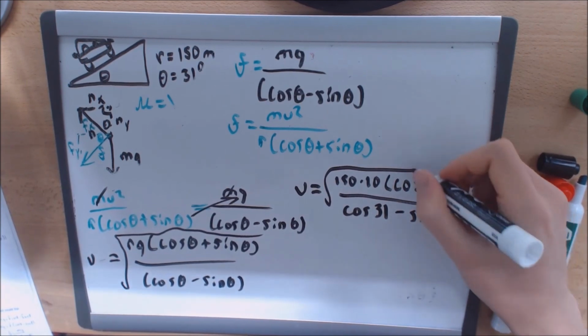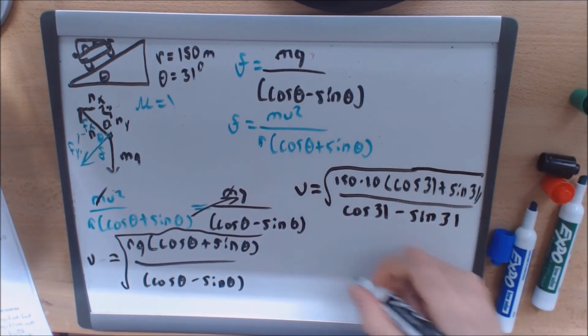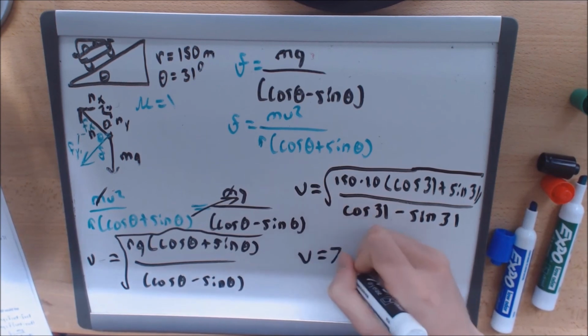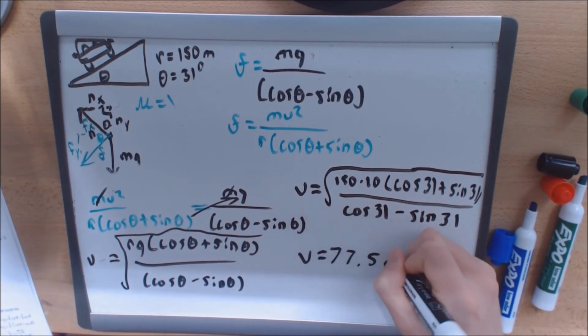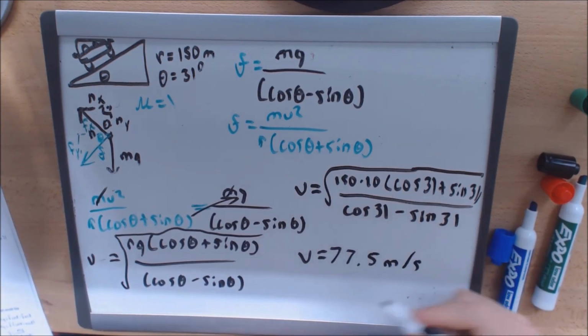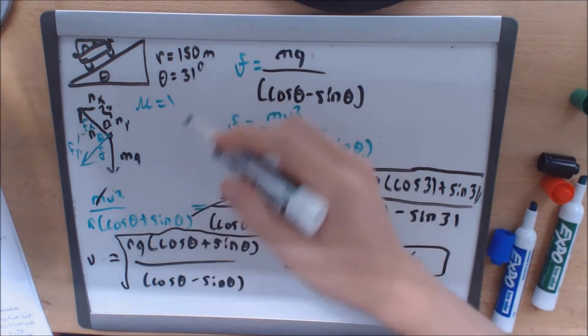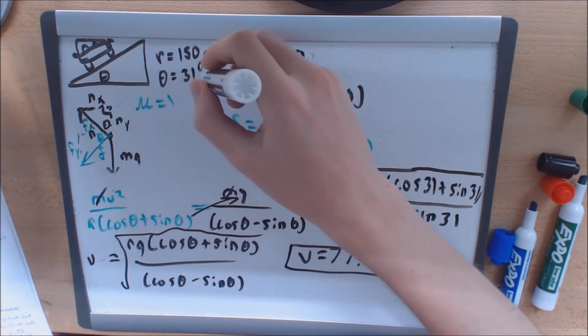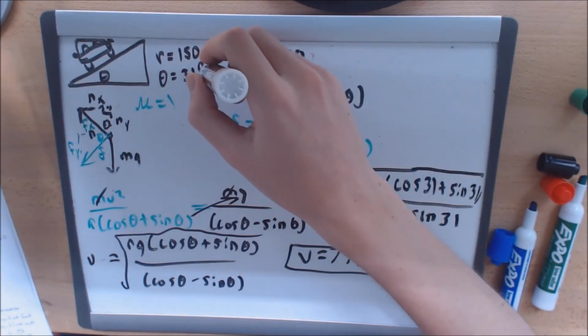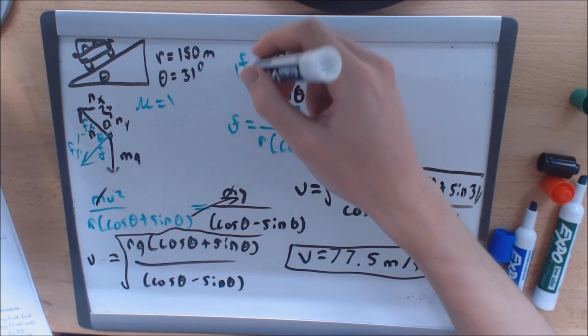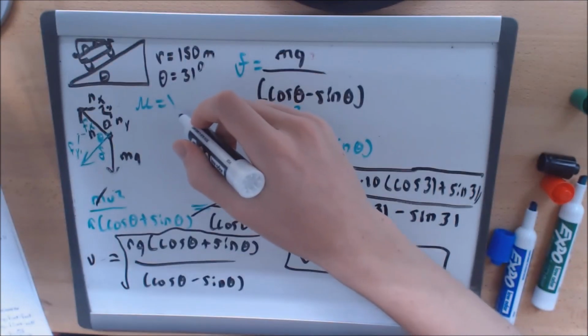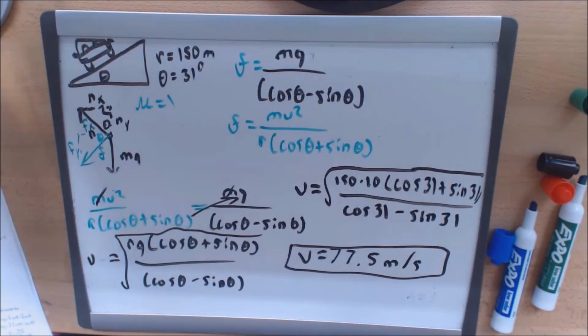We plug this whole big bad boy into our calculator and we get a v of 77.5 meters per second. Which means that when we're going around this track with an angle of 31 degrees, a radius of 150 meters, and a friction coefficient of 1 Newton per Newton, the speed the driver can take the curve at is 77.5 meters per second.